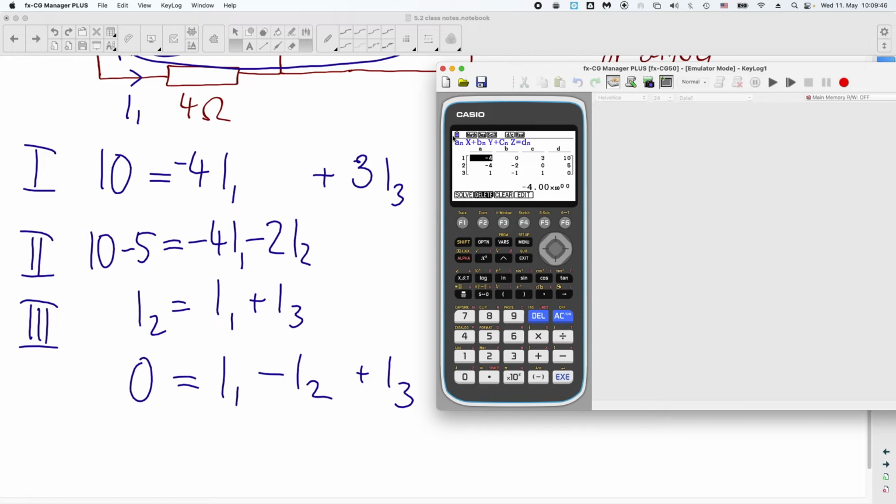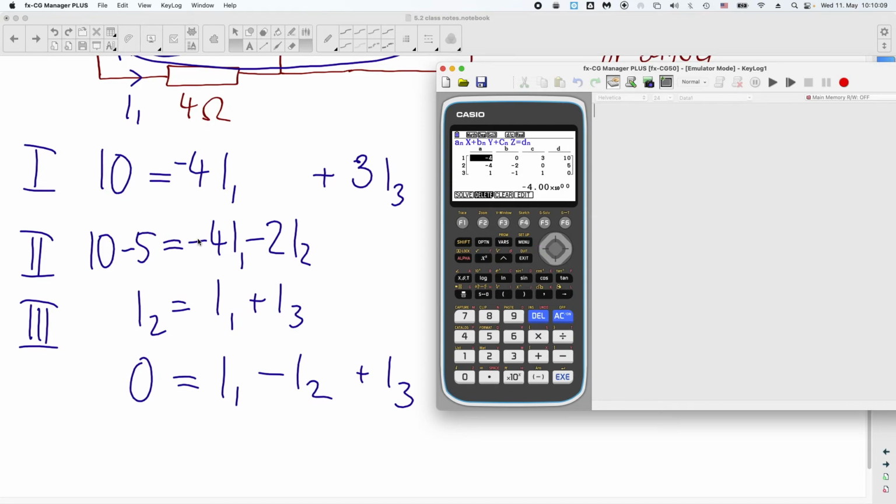So what you see here is that I have some coefficient times x, another coefficient times y, another coefficient times z, and that is equal to d. D in my case is my potential difference, or EMF rather. So I have 10 here, 5 for the second one, and 0 for the last row.